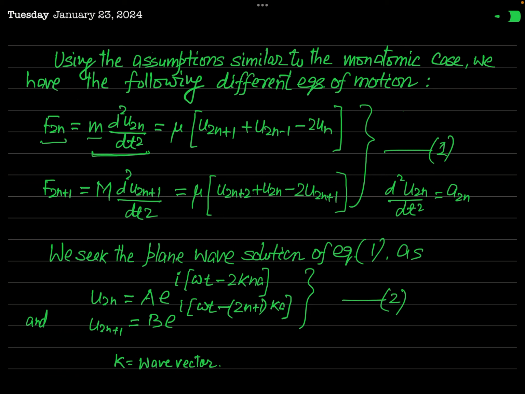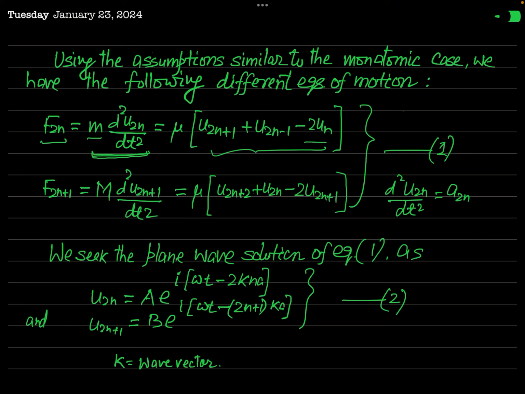So F2n is written as m times d2U2n by dt square. But according to Hooke's law, this force is proportional to this relative displacement, that is U2n plus 1 plus U2n minus 1 minus 2U2n.